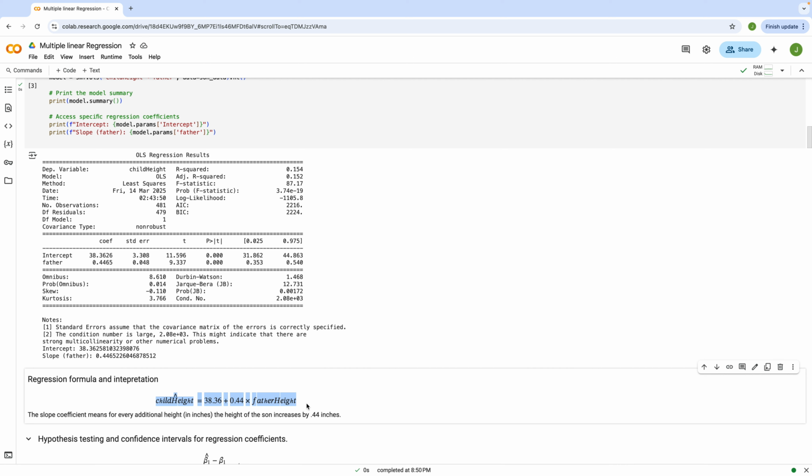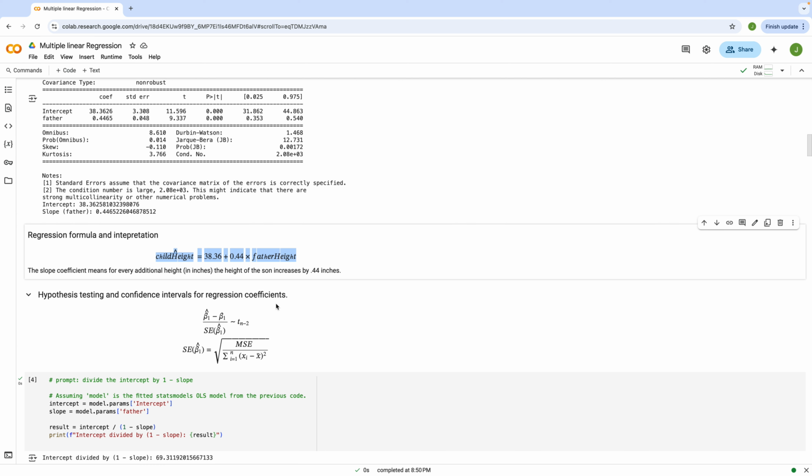What we're going to talk about now is the fact that these estimates have distributions. Because we estimate the intercept, and it is calculated from the data, and the data is randomly collected, that means the estimate has a probability distribution.